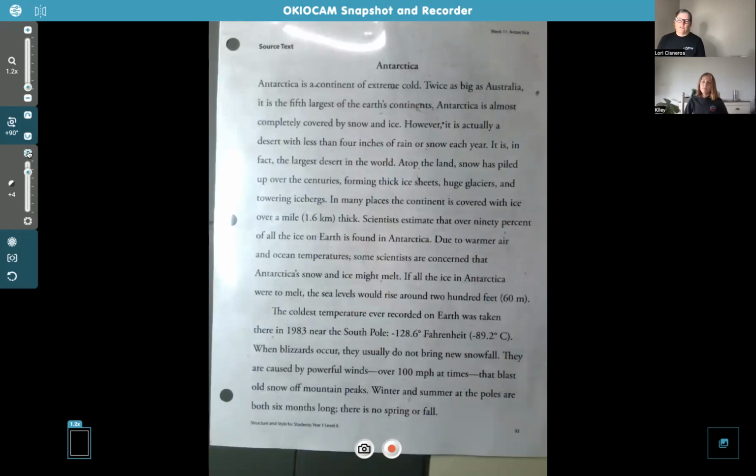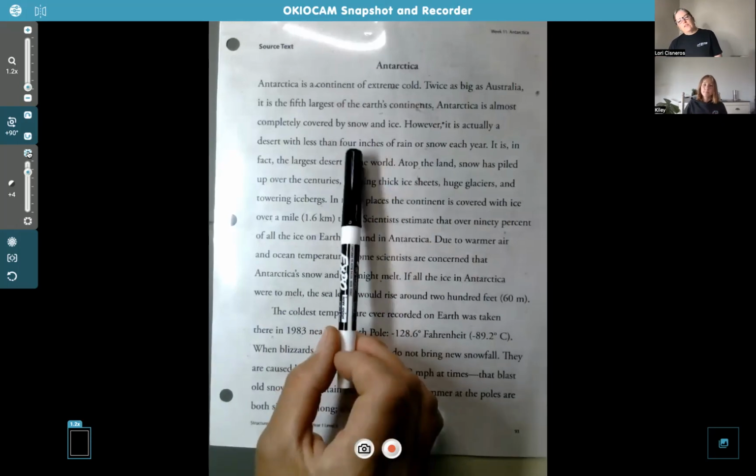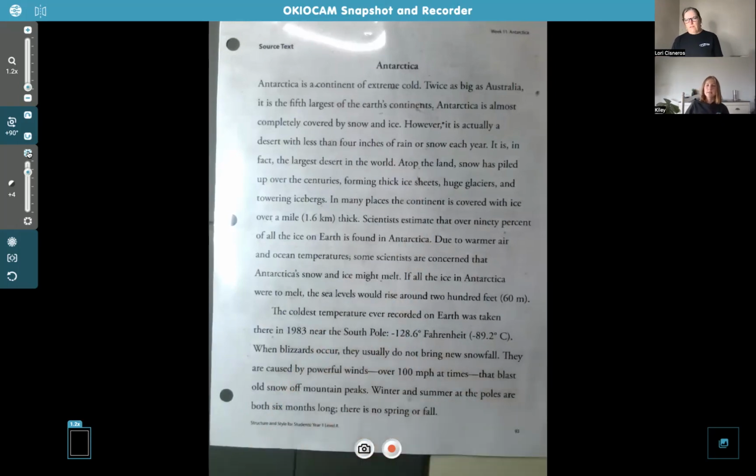I always think of deserts as hot and dry and sand, and this is considered a desert, but with ice. I think it's because a desert definition could be hot or cold, something like that.